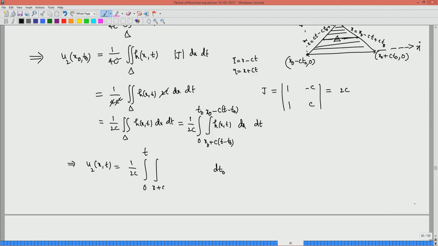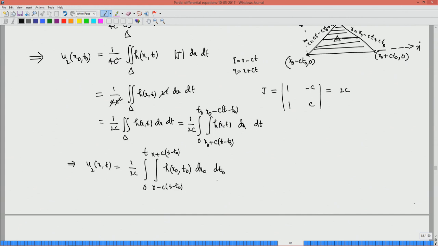So, x plus c times t naught minus t to x minus c times, it is going to be plus because the t is t naught and t naught is t. So, we have finally t minus t naught, okay. H of x is simply, I am replacing x by x naught, comma t naught, d x naught.